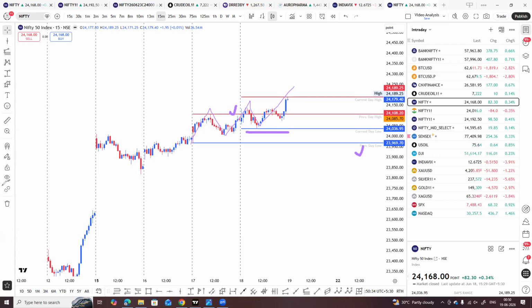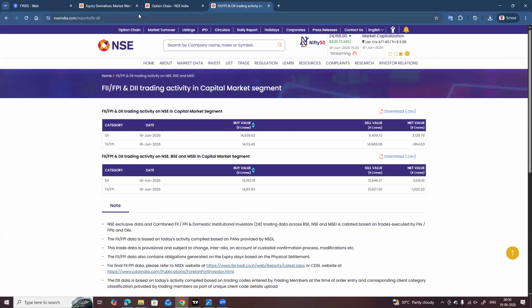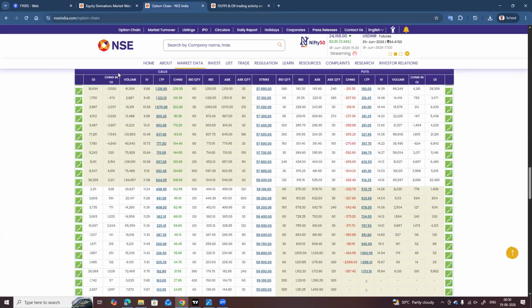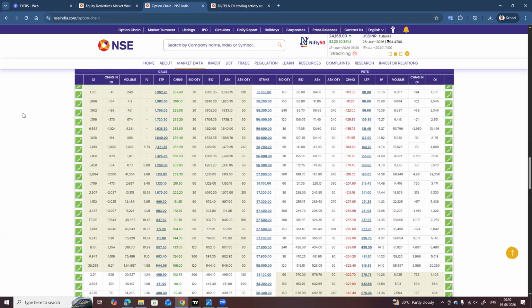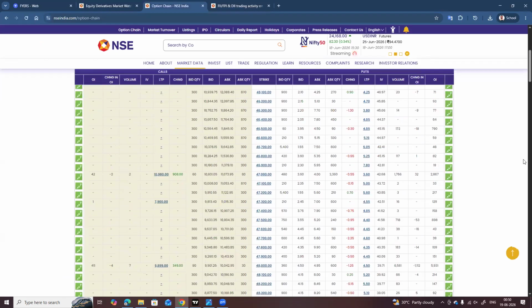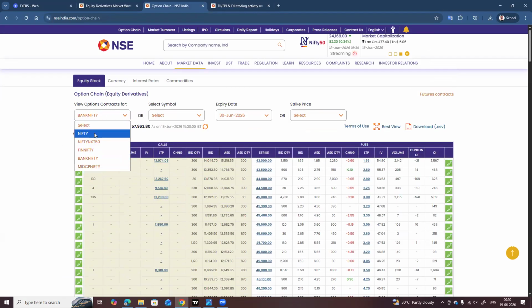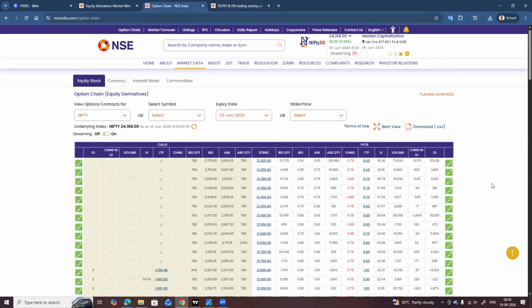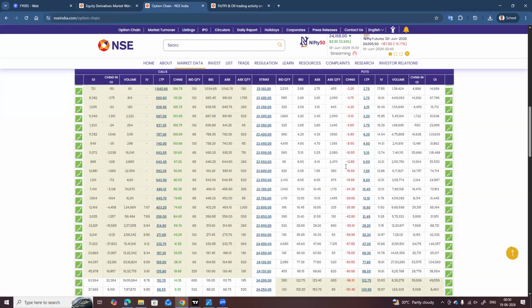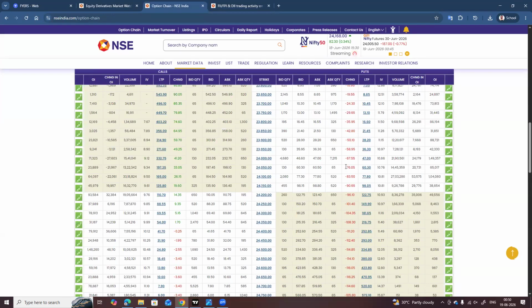Now coming to option chain analysis, what things have happened at the option chain. This is for Bank Nifty. Let me go to Nifty. So this is the Nifty option chain analysis.